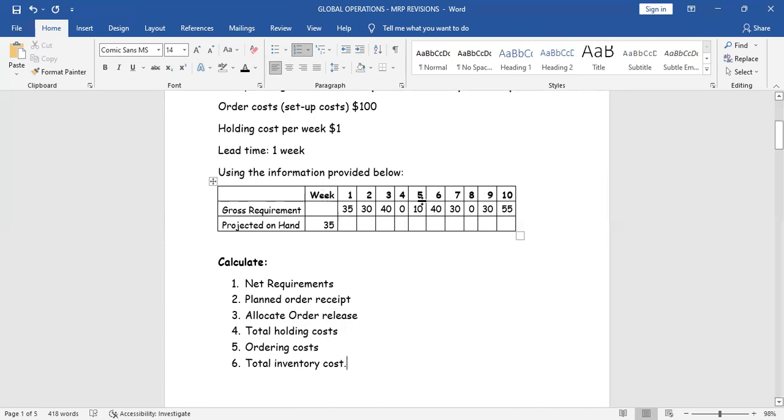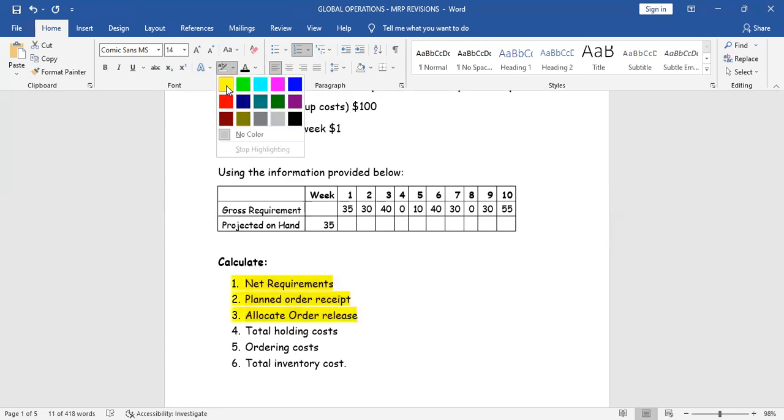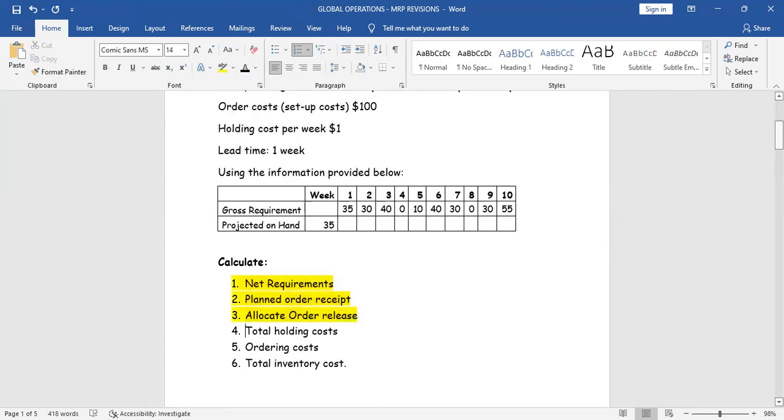To be effective, you need to include another row for net requirement, another row for order receipt, and another row for order release. So you need to add these 3 rows to the already existing table. And if we do that, this is how the solution will look.